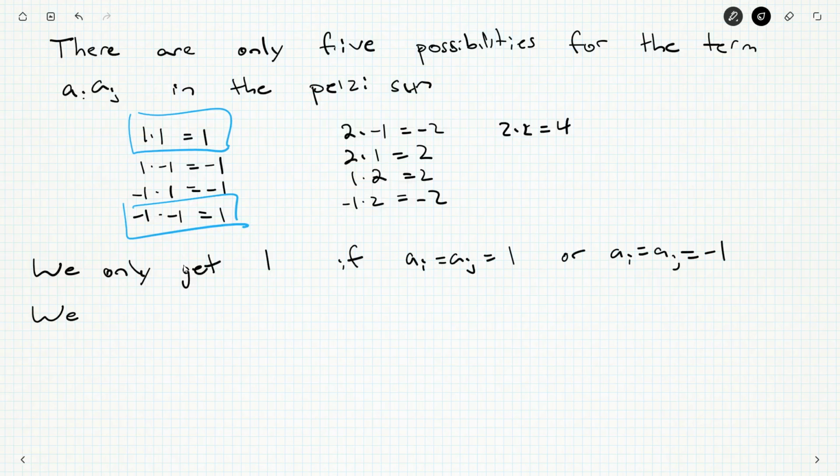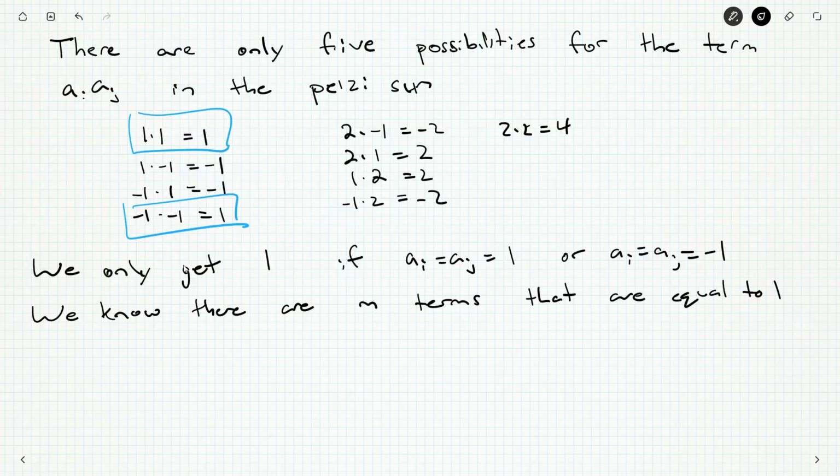Well, we know there are m terms that are equal to 1. Okay? For example, if we had m as 3, we'd have 3 different 1s. Well, we want all possible pairs, so we sort of need to pick out 2 of these and take their product, or maybe it's these 2, that sort of thing.